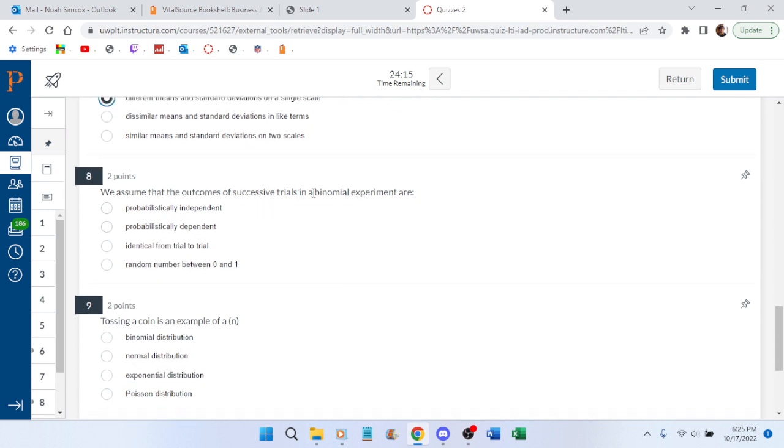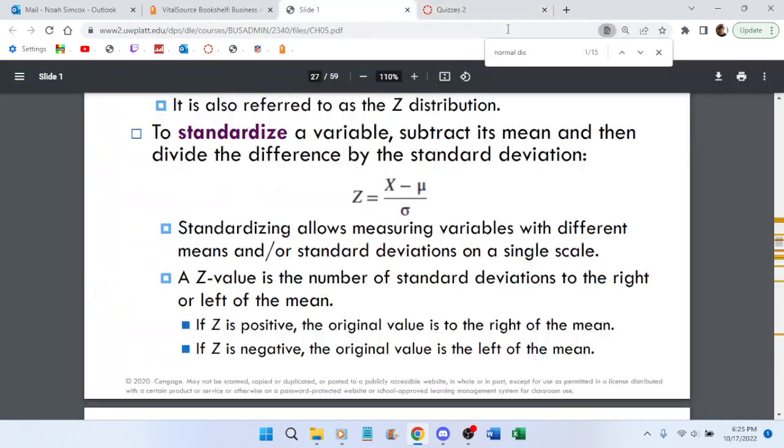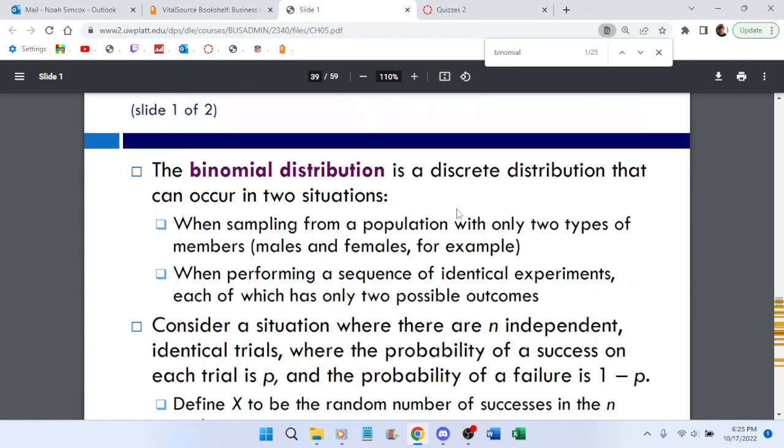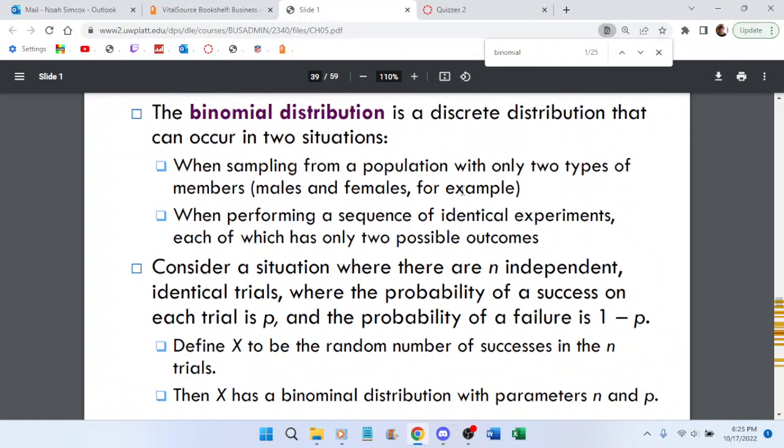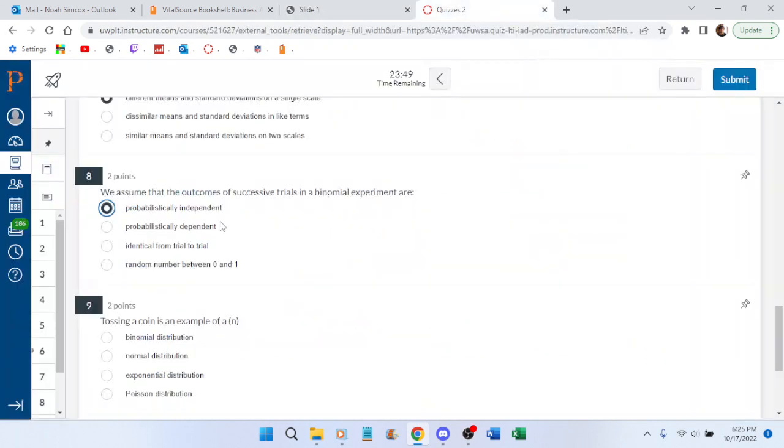The outcomes of successful trials are independent. Did they say independent? Binomial experiment. Oh, wait.